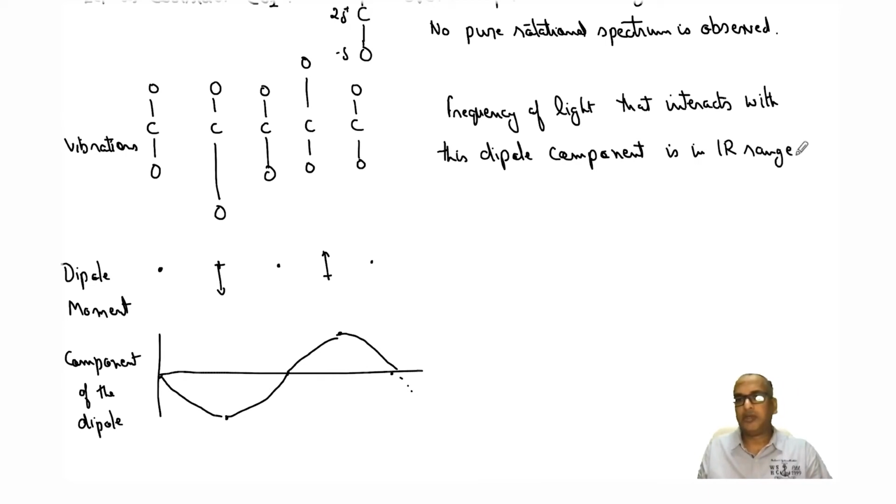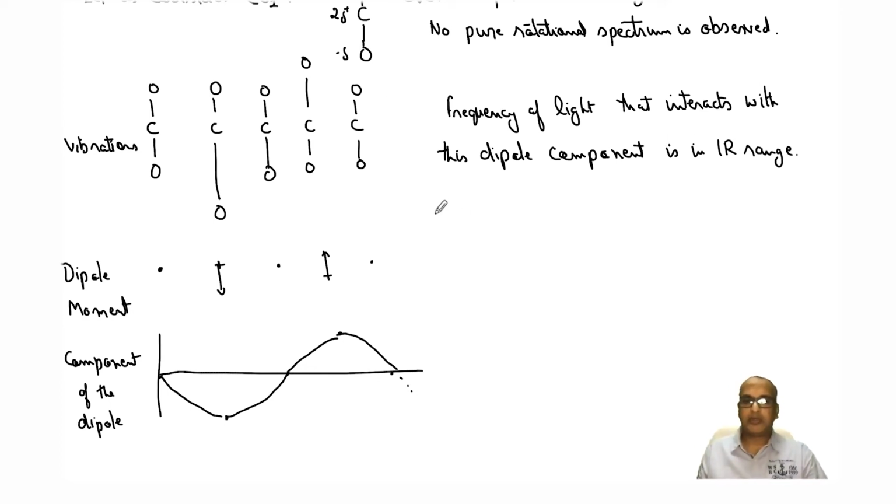You can also visually or intuitively think that if the rotation is happening, the rotation would take less energy as compared to vibration of a bond. Vibration is trying to overcome the two attractive forces here, and it is trying to pull away the two atoms. So this requires more energy. That's how it goes from microwave to IR range when you go from rotation to vibrational spectrum, right?